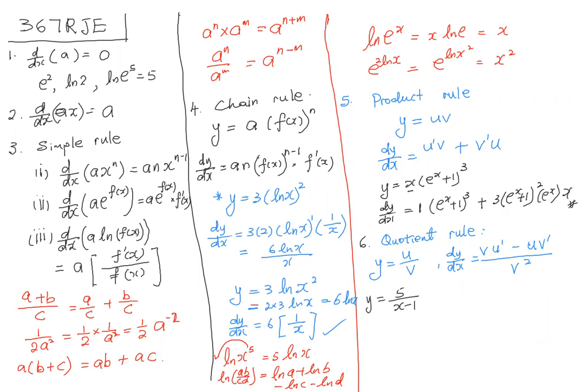If I see on top is a number, Junjae, answer my question. Why must you not use quotient rule? Because up there is a number. I told you so many times. Chain rule. Yes. If up there is a number, never, never, never, ever use quotient rule.